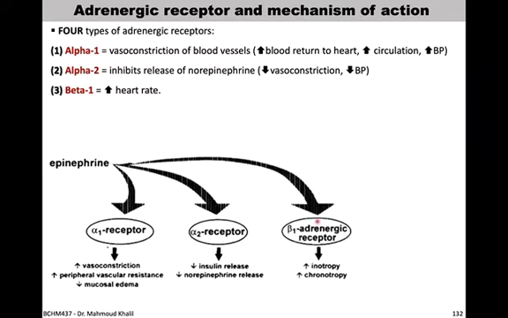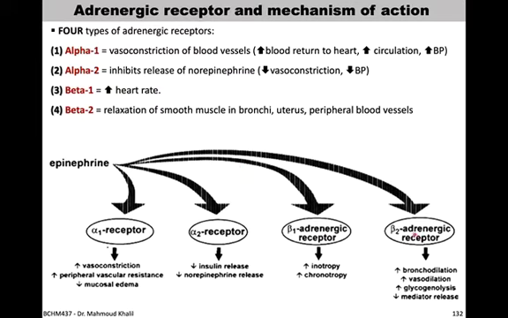The third receptor is the beta-1 receptor, and its major effect once epinephrine binds to it is to increase the heart rate. The final receptor is the beta-2 receptor, which leads to relaxation of the smooth muscle in the bronchi, as well as in the uterus and peripheral blood vessels.